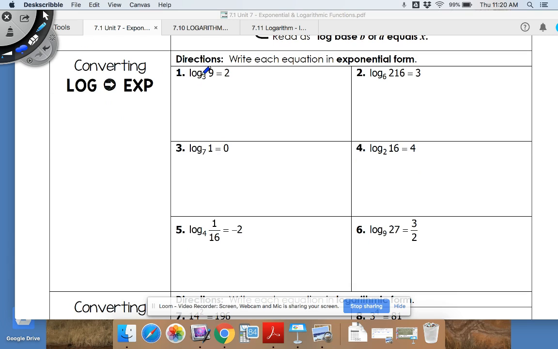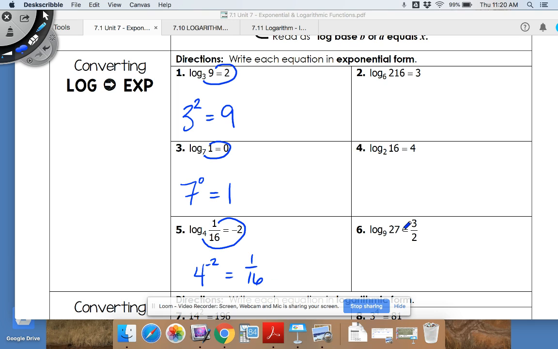So using that loop trick, we would do 3 squared equals 9. This one, we do that loop trick, 7 to the power of 0 equals 1. Do the loop trick, 4 to the power of negative 2 equals 1 over 16.